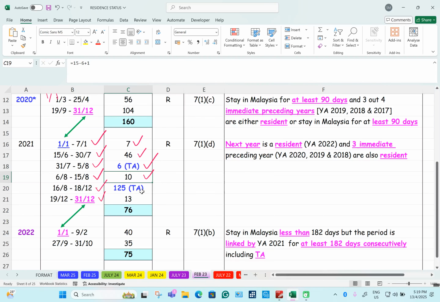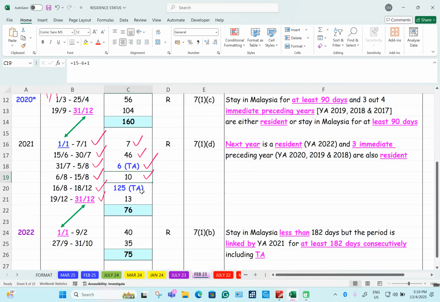And then our TA, 16 August. So 31 minus 16 plus 1, plus September 30, October 31, November 30, December 18. So you will get 125 days TA. Don't forget to put in bracket TA. And then 19 to 31st December, 31 minus 19 plus 1, 13 days.